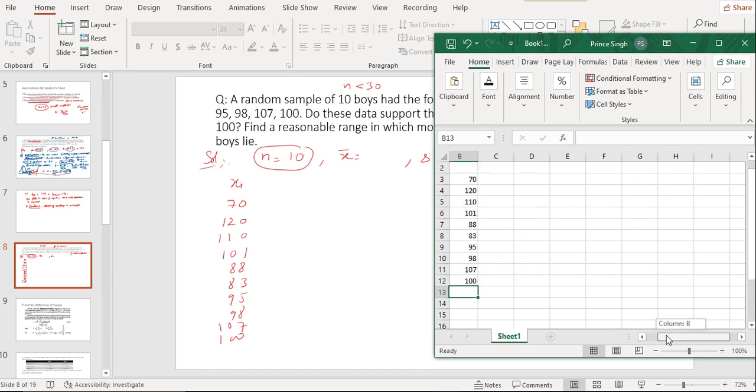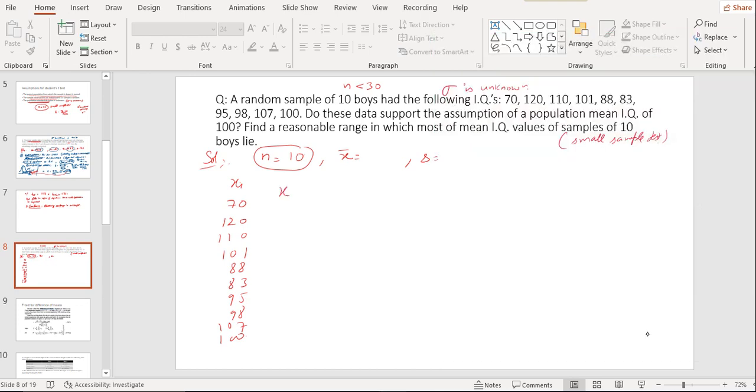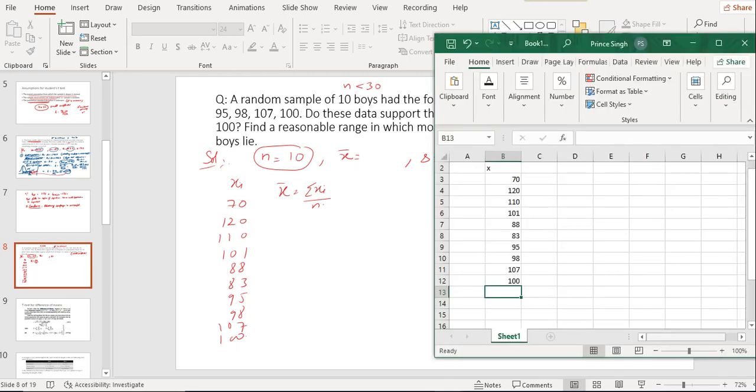So what is the sample mean? x bar is summation xi upon n. We simply sum up all these values and divide by n. We can use the sum formula, otherwise with a calculator we need to add up all these numbers. Its value comes out to be 972.